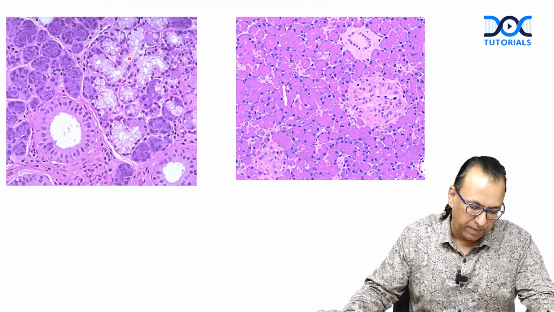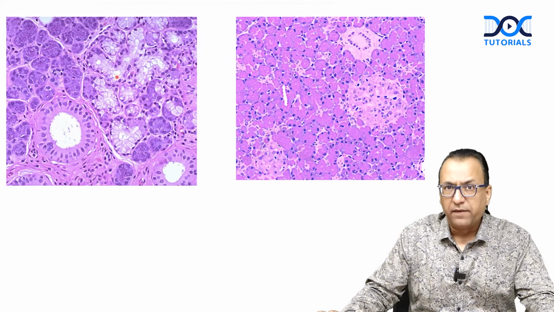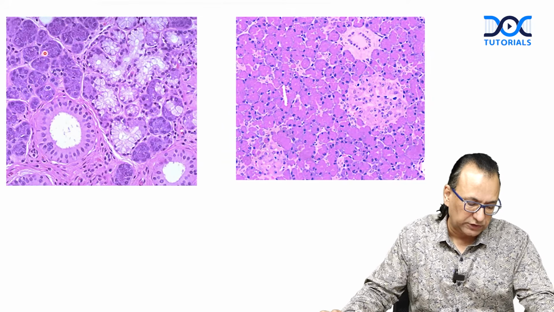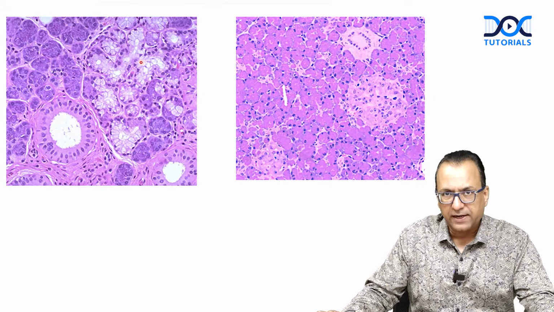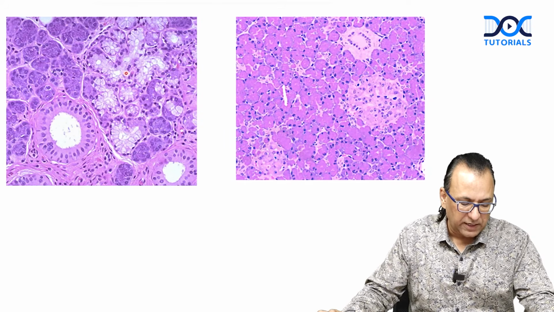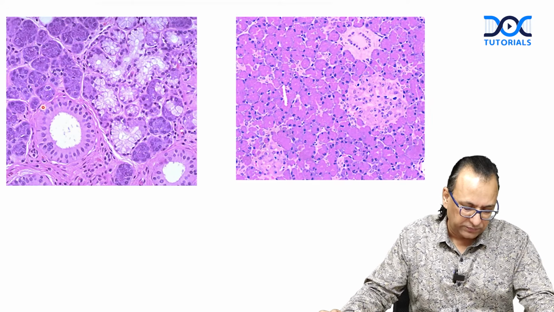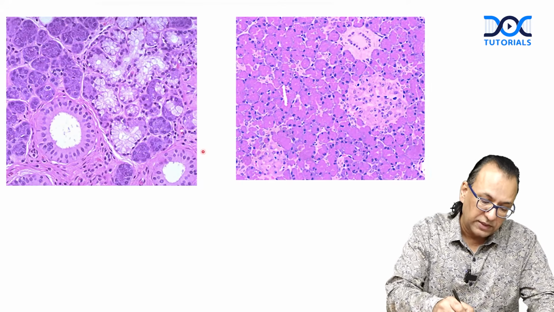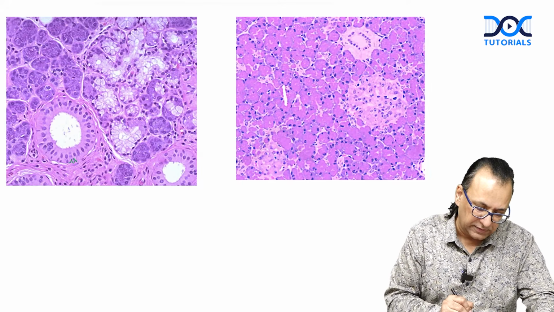In fact, this is not parotid salivary gland. This is submandibular salivary gland, because you see serous acini and the mucinous acini also. This duct, as we are showing, these ducts are special. They will be having some basal striations.